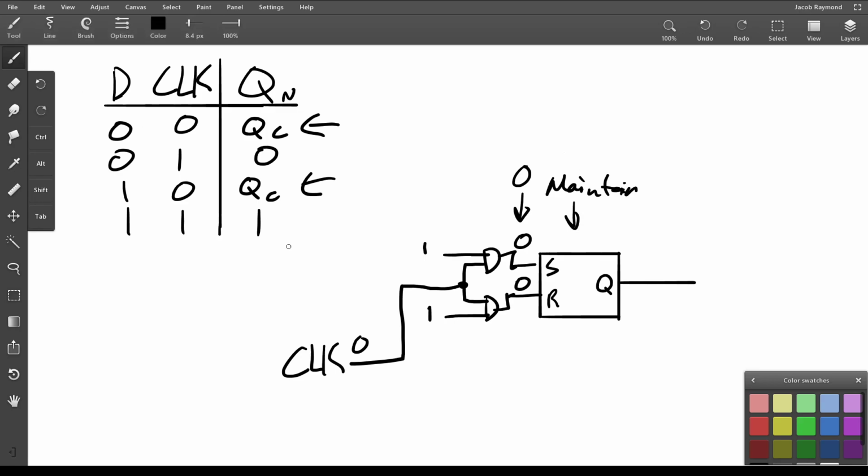Well, now we need to do something for when the clock is 1. Okay, well, we have this D input here. When D is 1, we want this to turn into a 1, right? That's the idea: we want to store whatever D is in this SR latch.